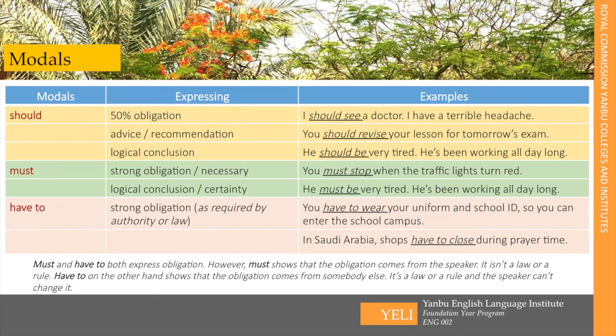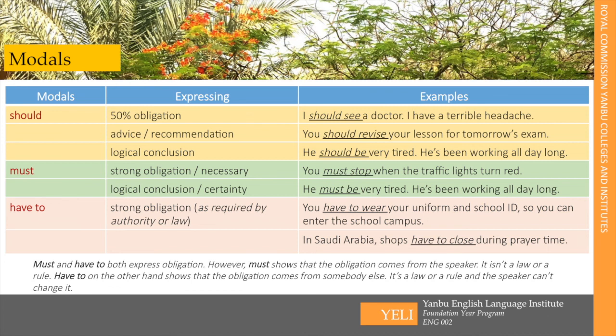Now, you have to note that when you use modals, they must be followed by verb 1 or the base form of the verb. Also, the modals must and have to are almost the same. However, they have slight differences. They both express obligation.